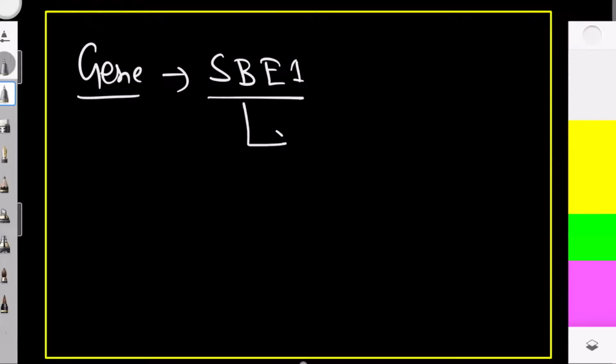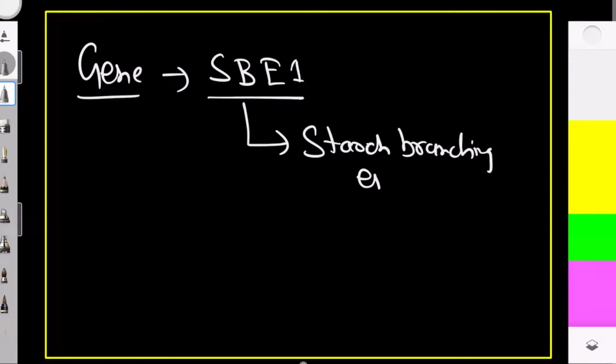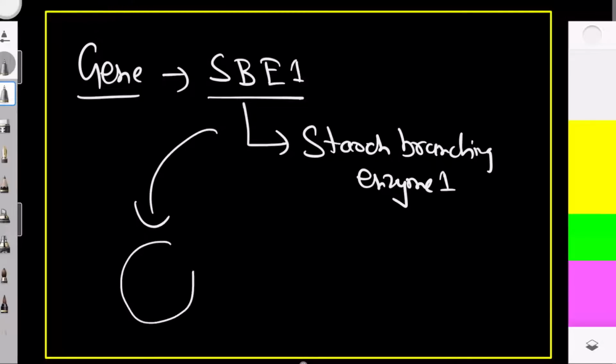Now, if you see, this is actually starch branching enzyme 1. And here I just want to tell you, if you have both alleles normal, so within the seed you are going to have normal starch branching enzyme, capital S, capital S, what you are going to see?